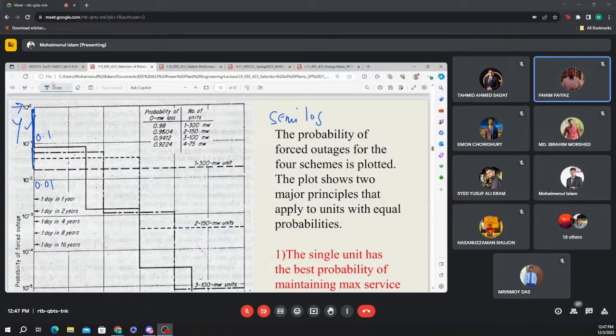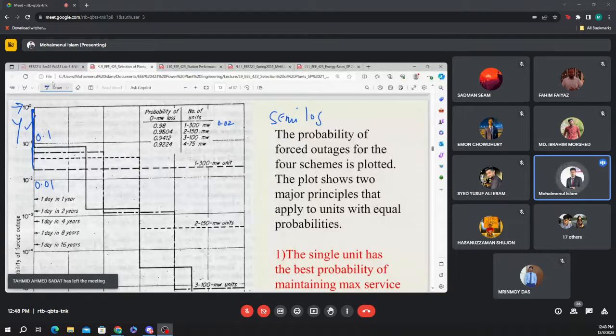Yes, sir. For the first single 300 megawatt unit, the forced outage probability is 0.02. So this value should be somewhere between 0.01 and 0.1. Considering this is a logarithmic axis, maybe that value is somewhere around here, 0.02.